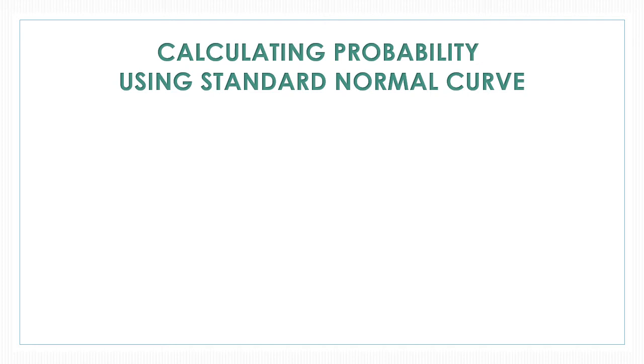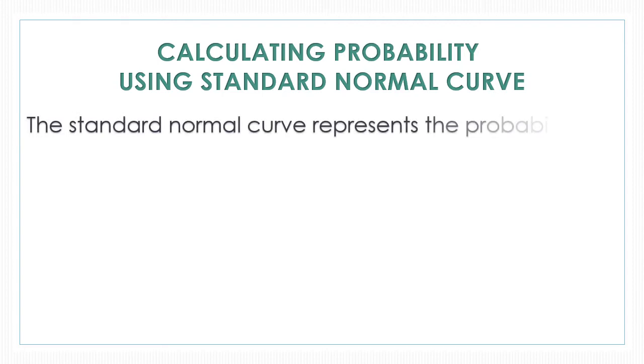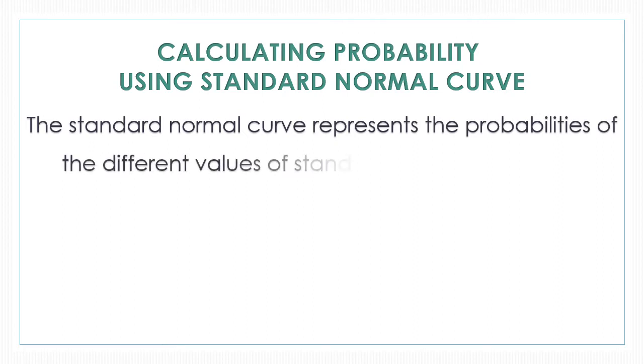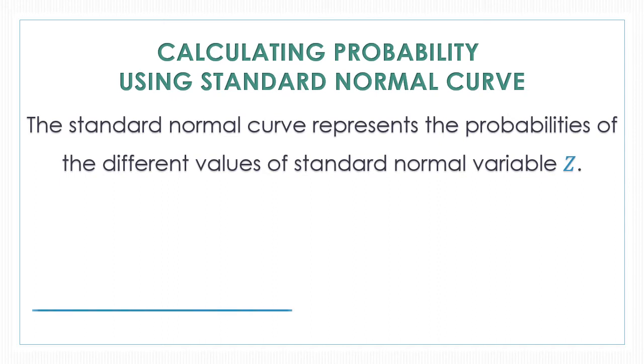So we converted it into a standard normal variable, and we have the probability density function and the curve for it. This standard normal curve represents the probabilities of the different values of the standard normal variable z. Therefore, in normal distribution, we calculate probabilities based on the curve itself.